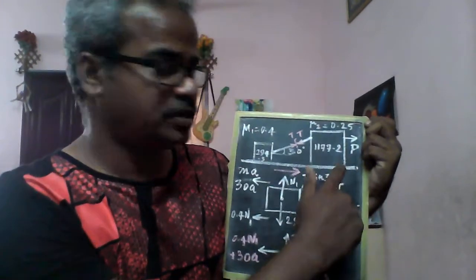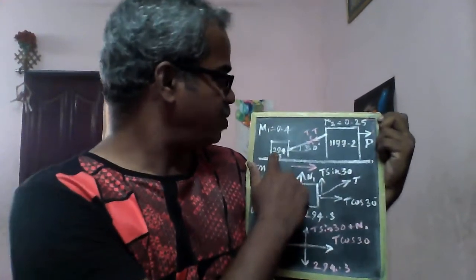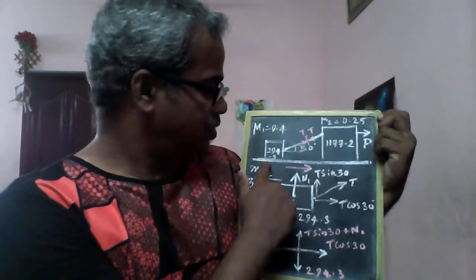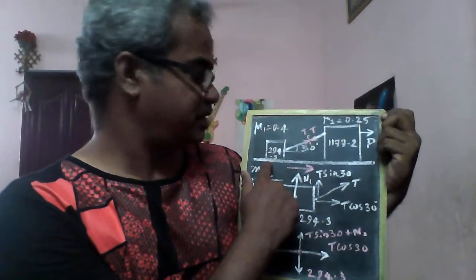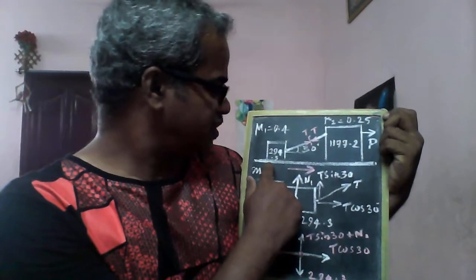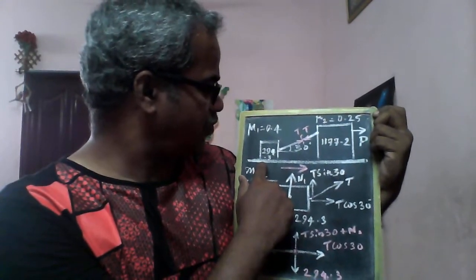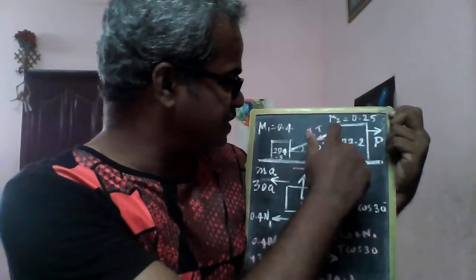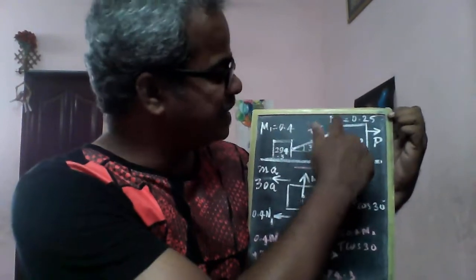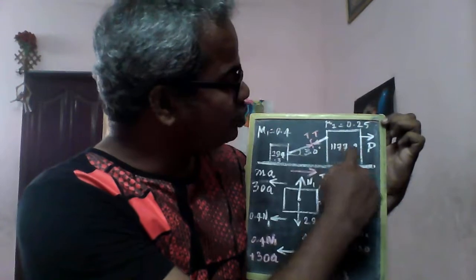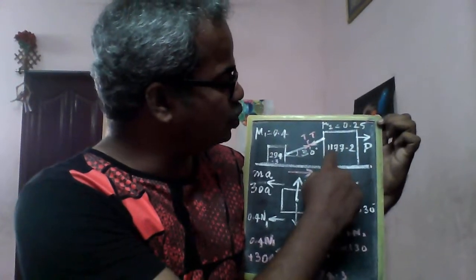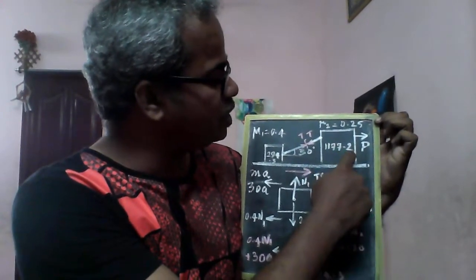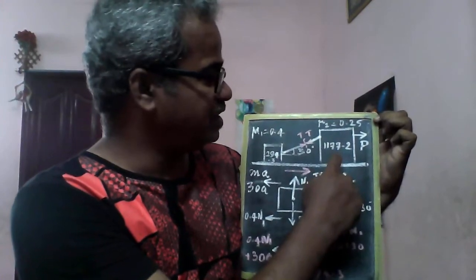You can see this problem. I have a block of 30 kg, which is equivalent to 294.3 Newton weight. It is tied with a string and connected with another block which is 120 kg, which is equivalent to 1177.2 Newtons weight.